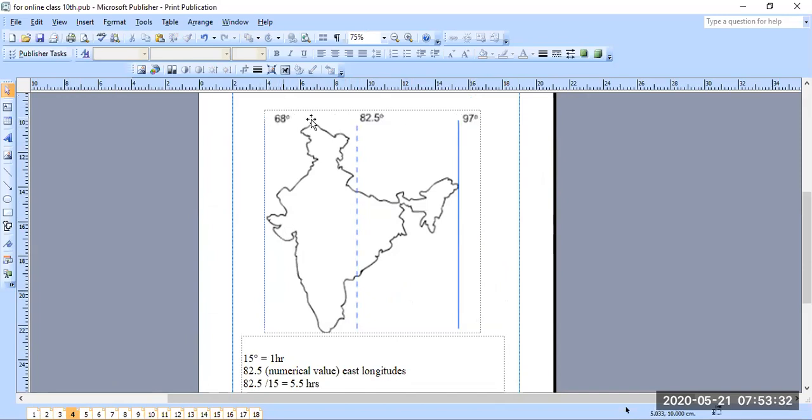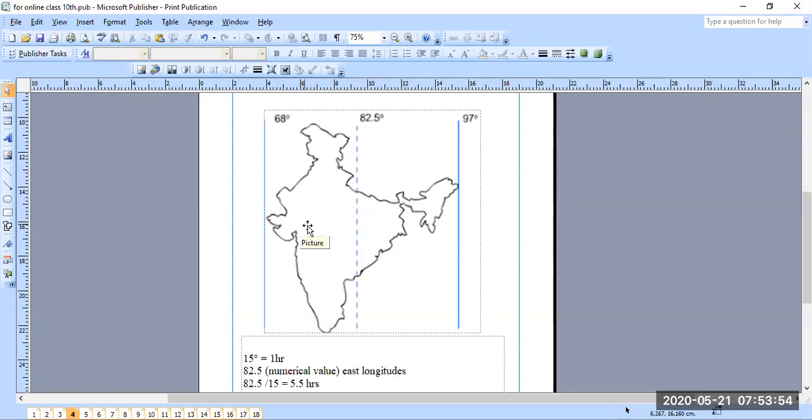So this is a long span of longitudinal extent. We cannot have so many time zones extending from 68 degrees to 97 degrees, almost 20 to 30 degrees.